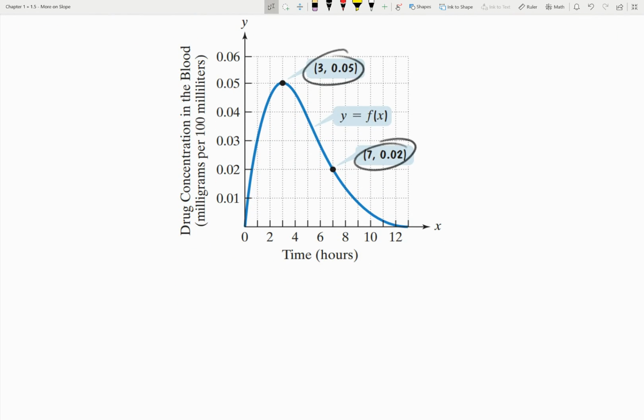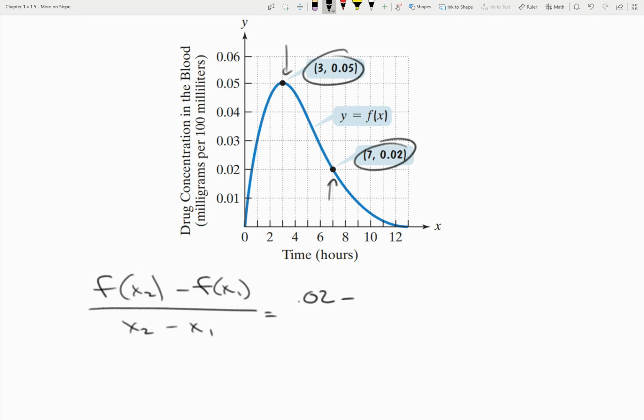So we have, remember my formula, f of x2 minus f of x1 over x2 minus x1. For x1, the 3, this is x2, because it comes second. And you can hopefully tell that the slope of this is going to be negative. Okay, so f of x2 would be 0.02 minus 0.05 over 7 minus 3.